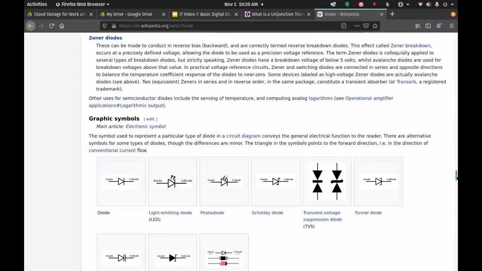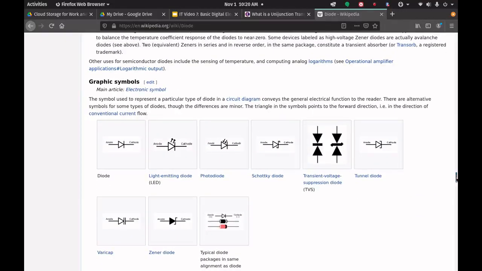We'll jump over to Wikipedia just for a little bit more clarification of diodes. If you're looking at a circuit drawing, a diode is going to look like this, an arrow with a line across it. The line basically shows that current flows from one end to the other, and that it's not going to be coming back in that other direction.